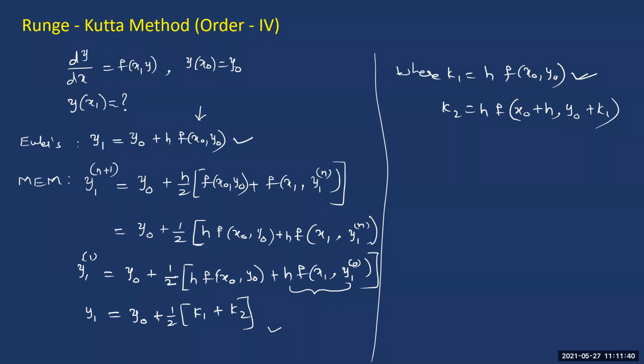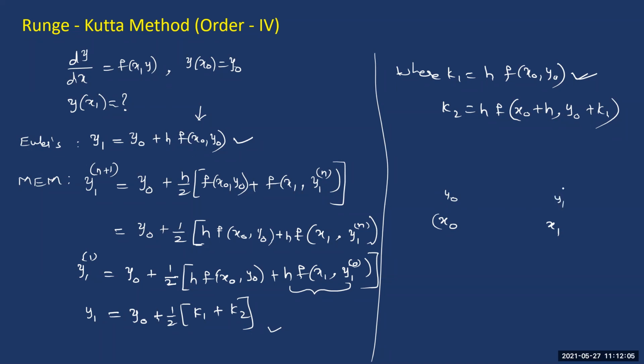And now see, when you extend this idea, if you take slopes at three different points, you are taking one slope at x naught, y naught, and another slope at x1, right? x1 is the point at a distance of h units from x naught. The solution at x naught is y naught, and at x1 some approximation which you get from Euler's method.